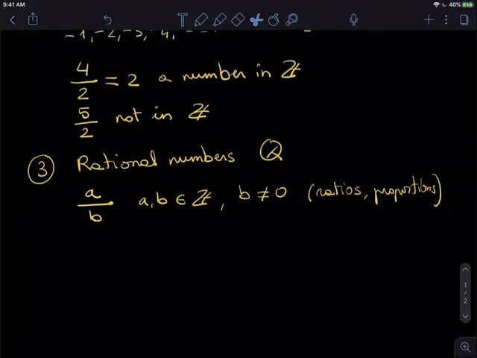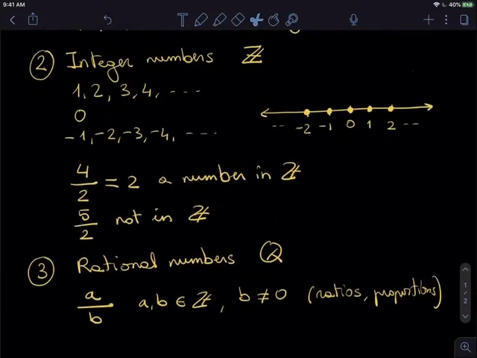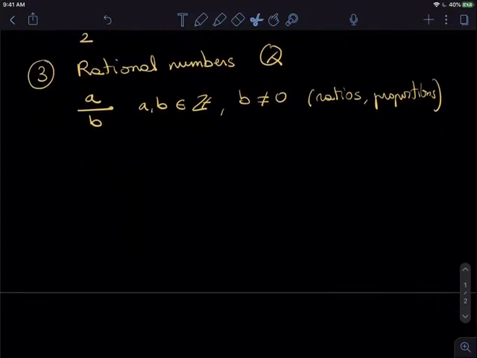And now, if you have noticed, the sets of numbers we have seen so far are infinitely big. We have infinitely many numbers. But with these rational numbers, it seems there are so many more than we had before.